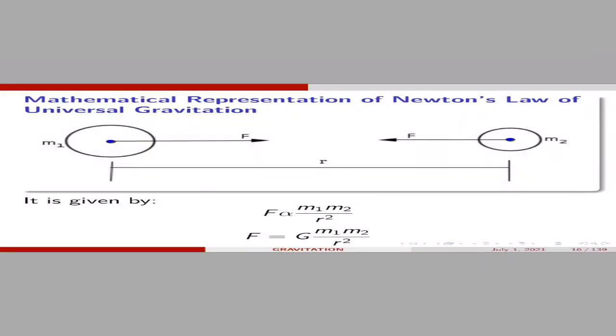All right, students, we know from earlier lessons that Newton's universal law of gravitation states that when you have two bodies of masses, they attract each other, and that force of attraction is called the gravitational force.